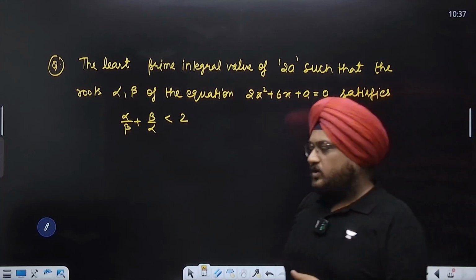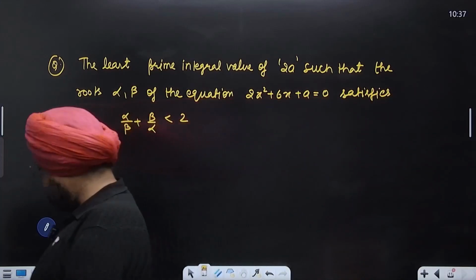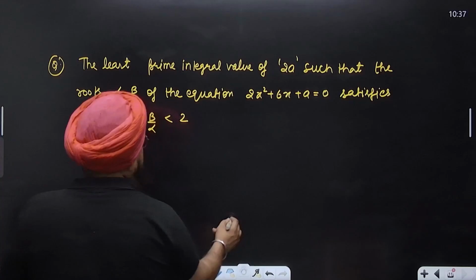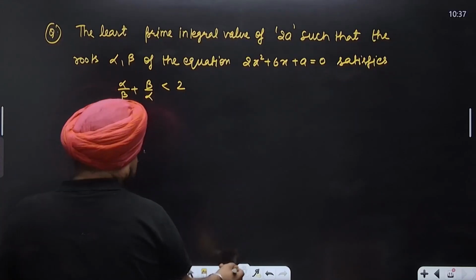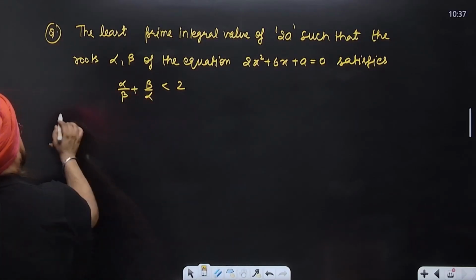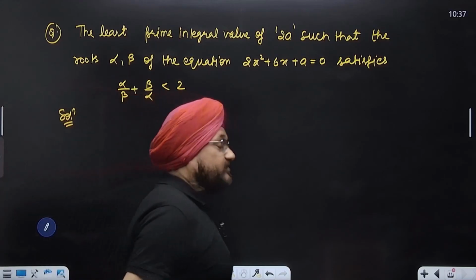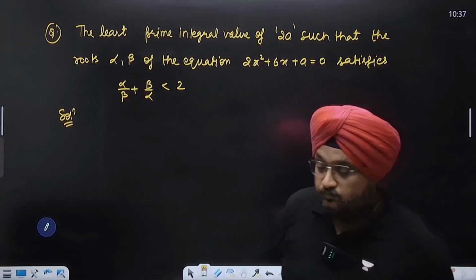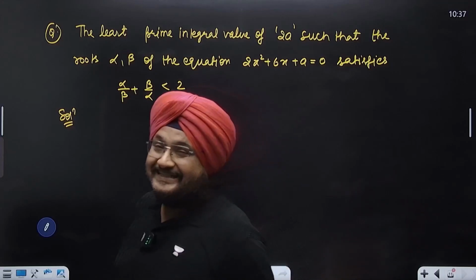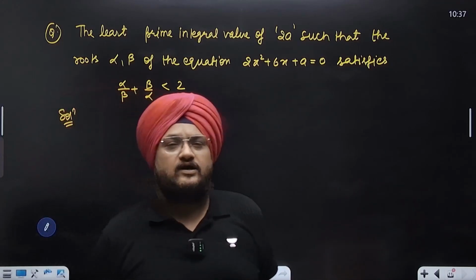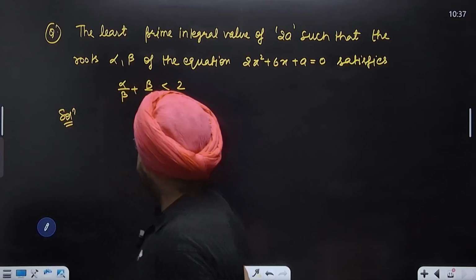So you can pause and try to solve. I am solving it right now. Alpha by beta plus beta by alpha. So what we will do, we will try to write this expression in terms of sum of roots and product of roots.